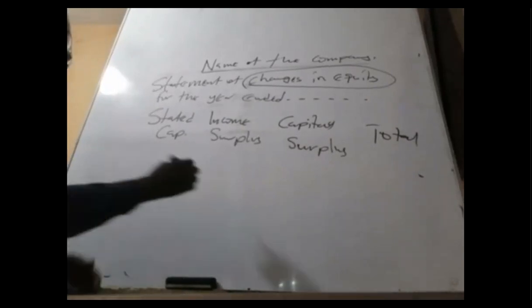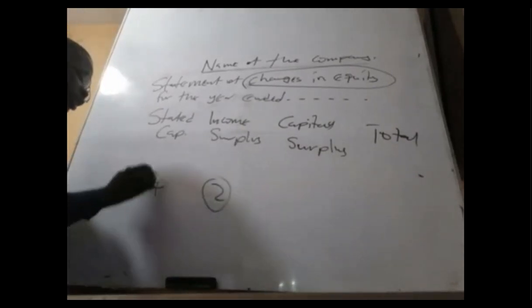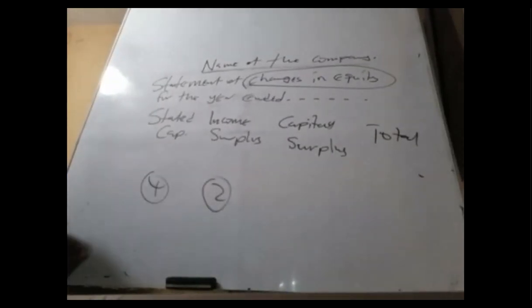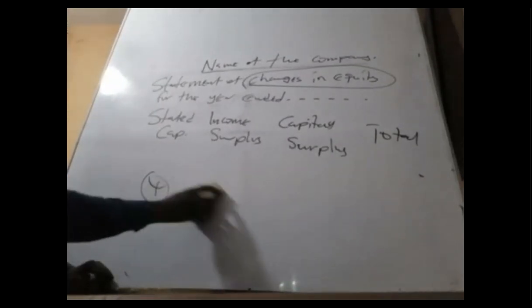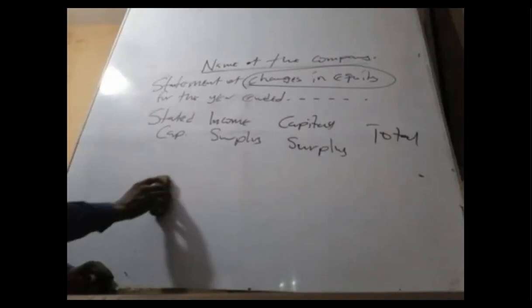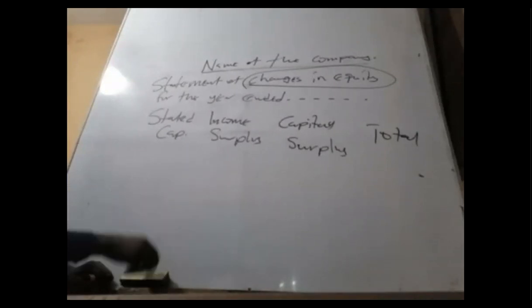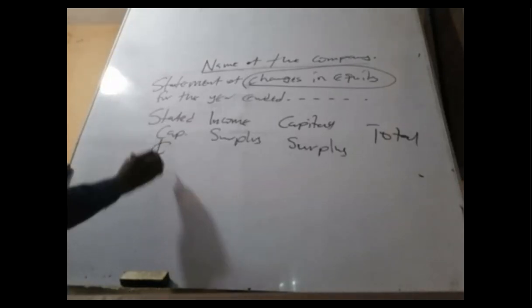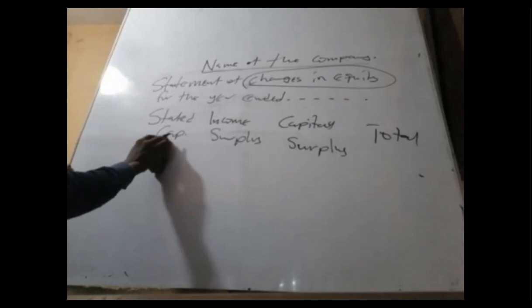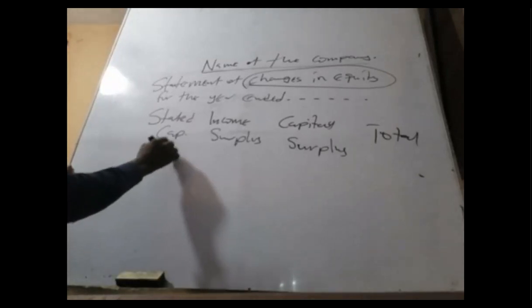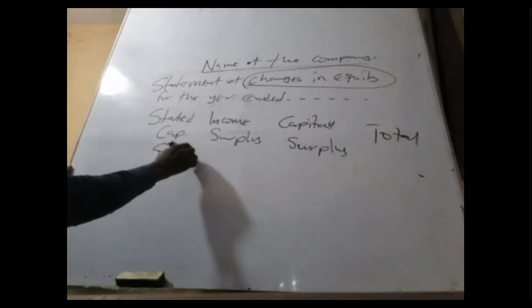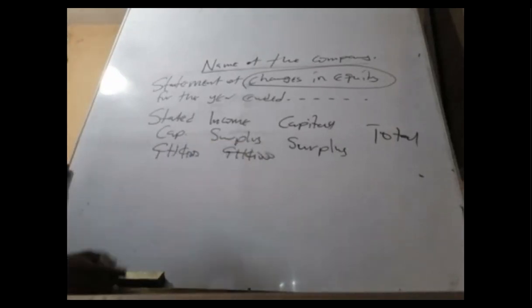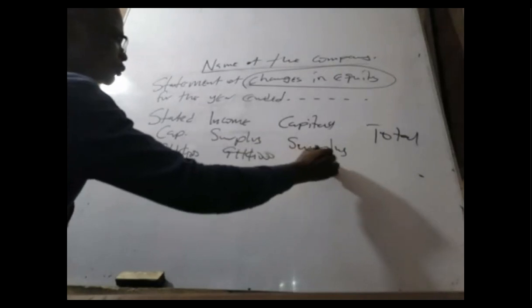The least an examiner will give you is 2, the maximum 4. What is in the question is what I want to write, not necessarily what we've listed here. Don't forget your reporting currency. You're reporting in Ghanaian cedis, in thousands, so write it like this. These are the 3 columns.